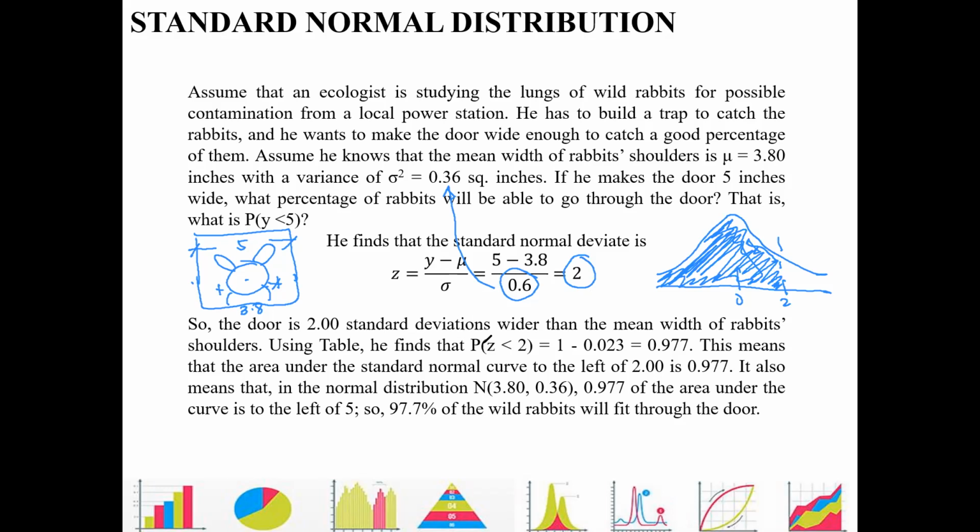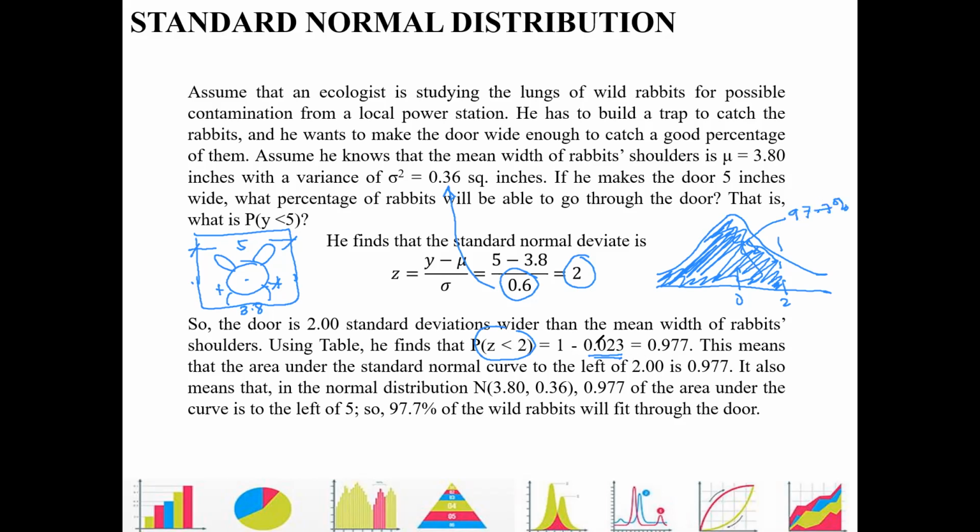Using the table, he finds that yung positive 2, ang value niya is 0.023. So sinubtract niya 1 minus 0.023 is equal to 0.977. So ibig sabihin yung area na to na tinutukoy niya is 97.7%.